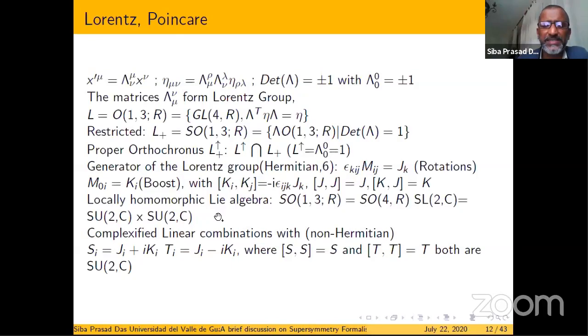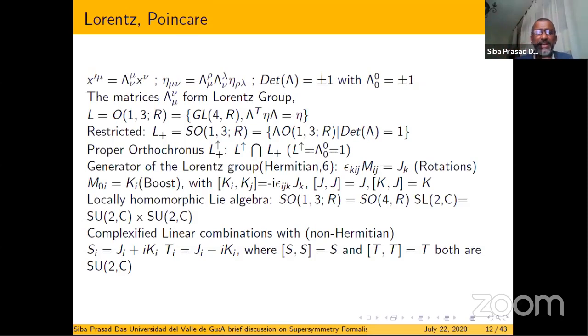So the important point is that Ki Kj gives me back the rotation. I didn't really write the i and j indices for the rotation and the Kj here, but you understood that they also carry indices, with epsilon ijk, which is the Levi-Civita for 3 dimensions. And I really don't know about the homomorphism and so on, but I'll tell you the one flavor of why it is connected.